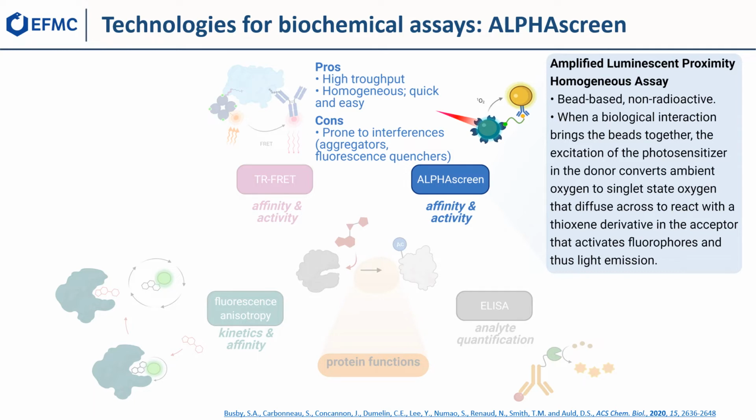Singlet oxygen has a very short lifetime in aqueous solution. Therefore, in the absence of a specific biological interaction, the singlet-state oxygen molecules produced by the donor bead go undetected without the close proximity of the acceptor bead. On the contrary, if the biological interaction brings the two beads in close proximity, an alpha-screen fluorescent signal occurs.